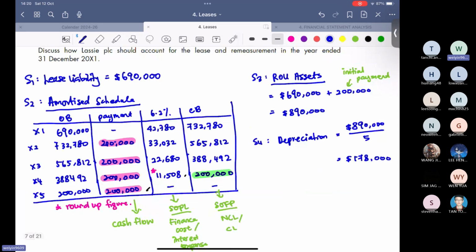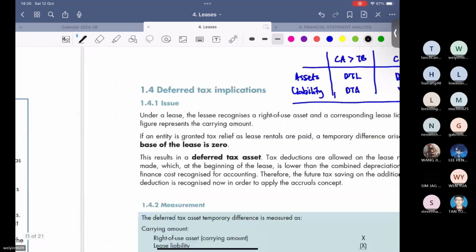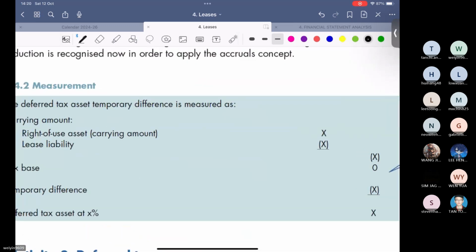So my first year, we compare year one. Year one, my liability is 732,780. My asset is 712,000.